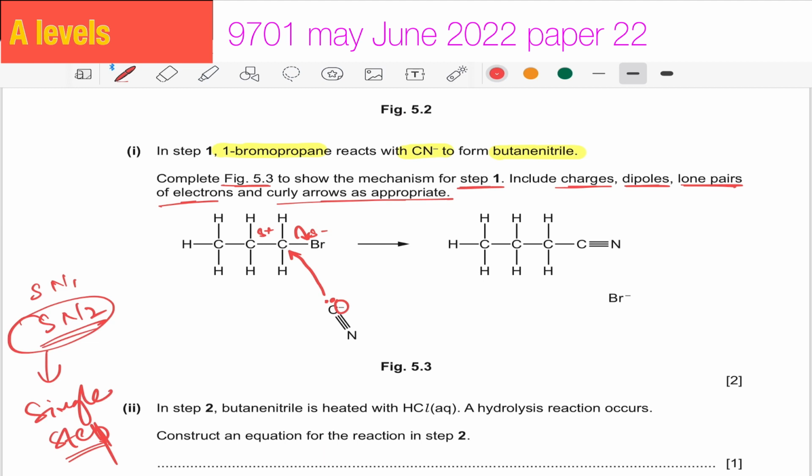We have included charges, dipoles, lone pairs of electrons and curly arrows on both sides, right? So on one side, cyanide is transferring its electron density towards carbon, and on the other side, Br is moving away, right? This bond is being broken heterolytically, and Br will move away as a lone pair. This is Br minus, and finally we get the cyanide ion attached to the carbon, right?